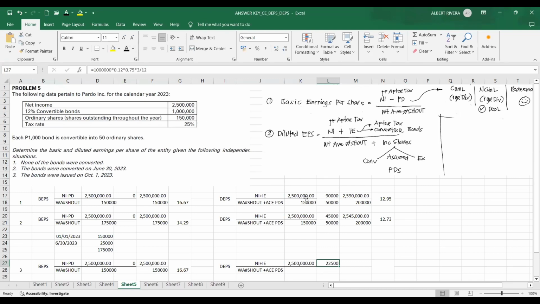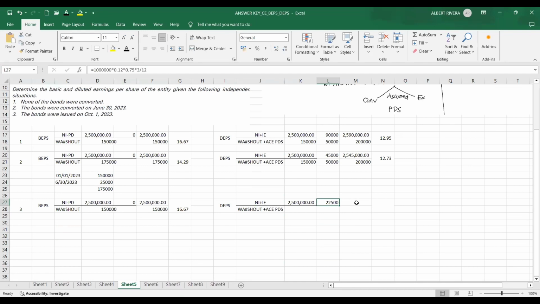And this is now the interest coming from the convertible bonds. So this would now be your numerator. So this is 2,522,500.